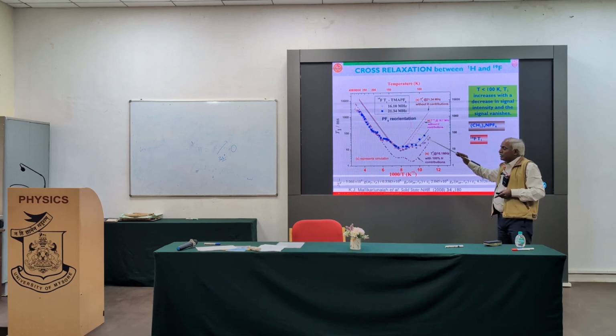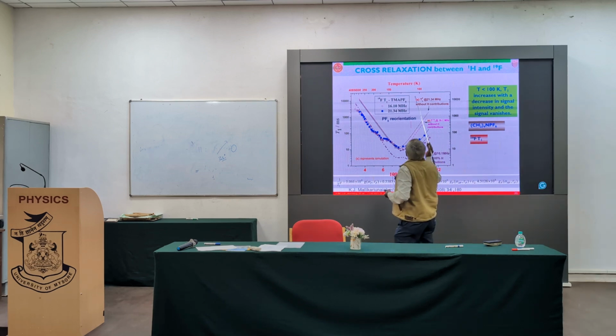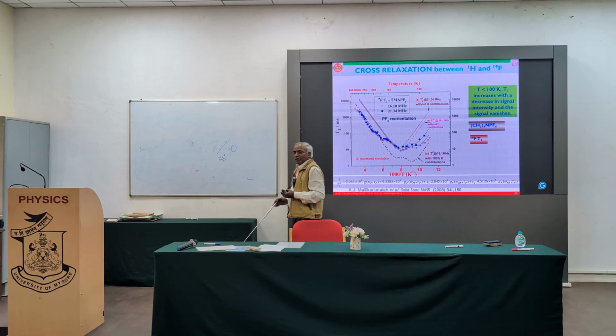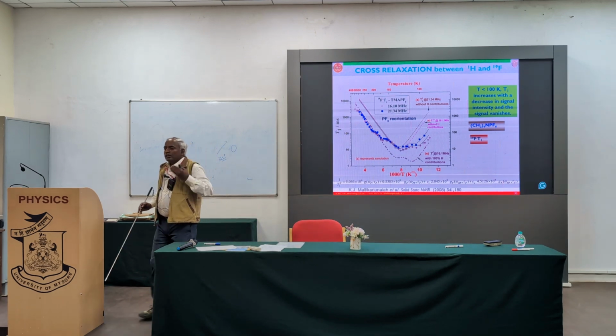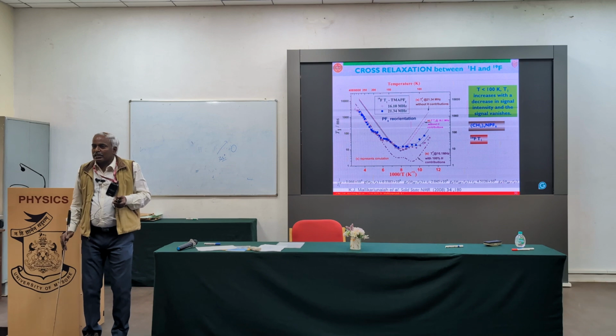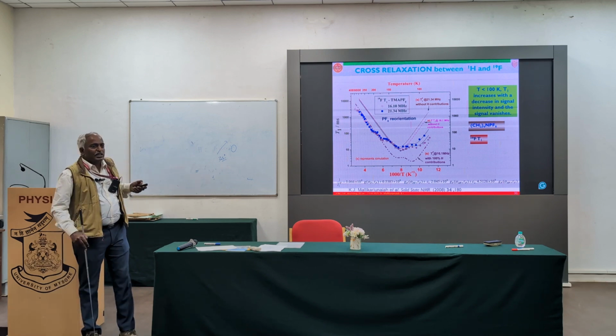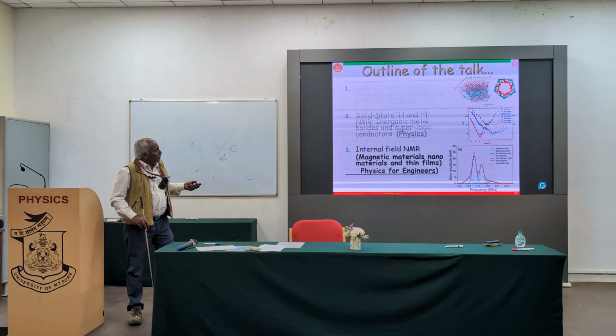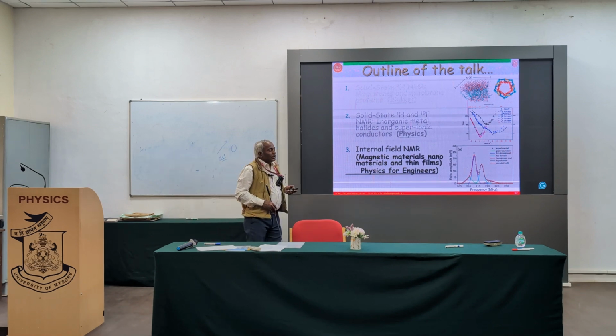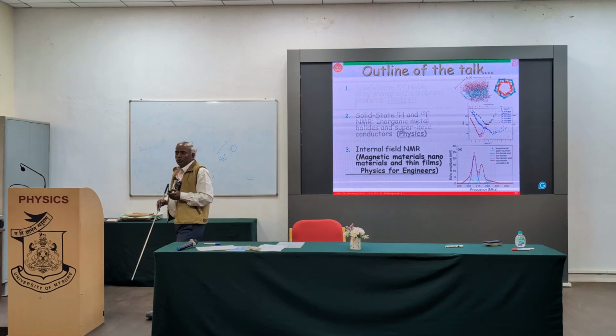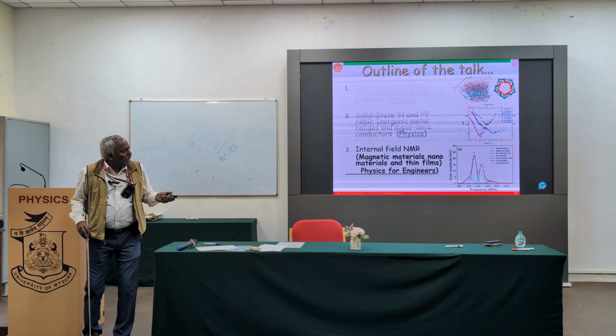Because that fellow is influencing them, they are going to the other system. That's what we talked about, the cross relaxation. Your hydrogen is influencing the fluorine relaxation data. So those things can be estimated out of these kinds of motions. That's all about the metal halide representative examples.